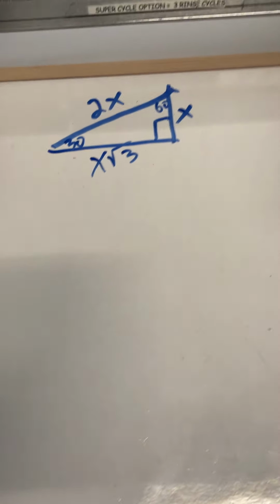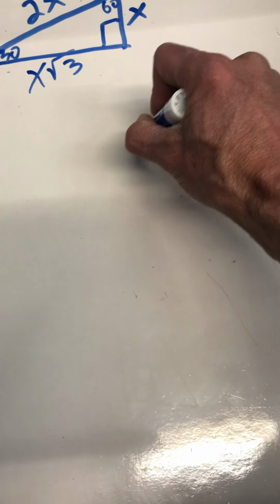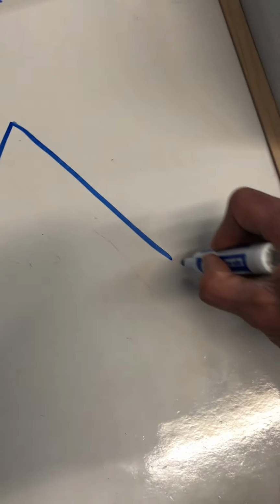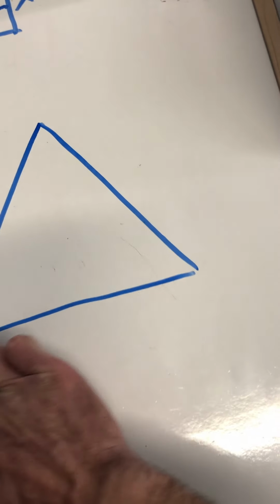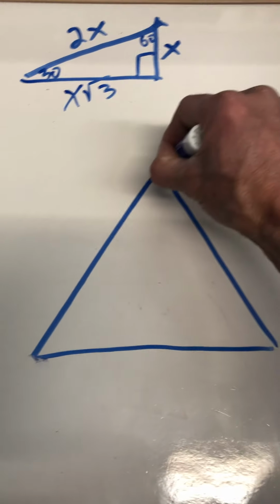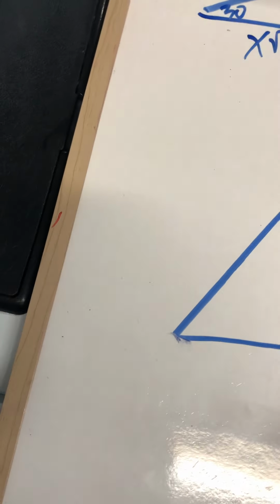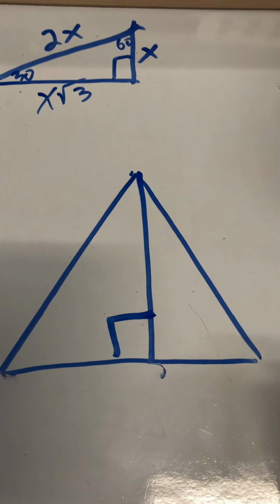So let's take a look at the first question. It says the altitude of an equilateral triangle. Okay, let's draw that altitude. Here's your equilateral triangle right here. Here's my altitude, and it creates a 90-degree angle. Now, what do we have in an equilateral triangle?